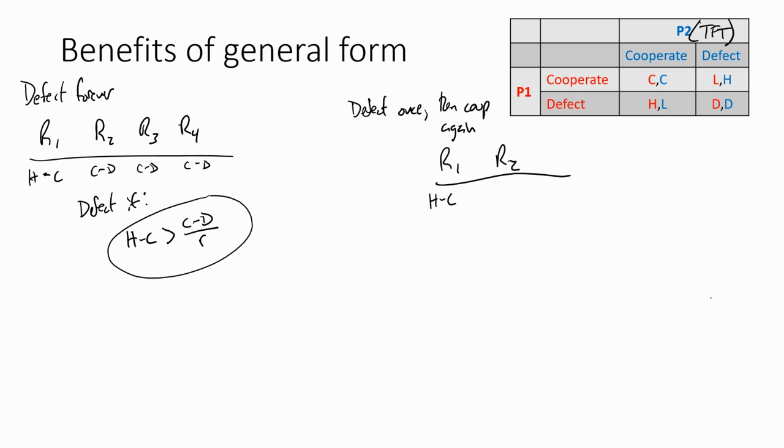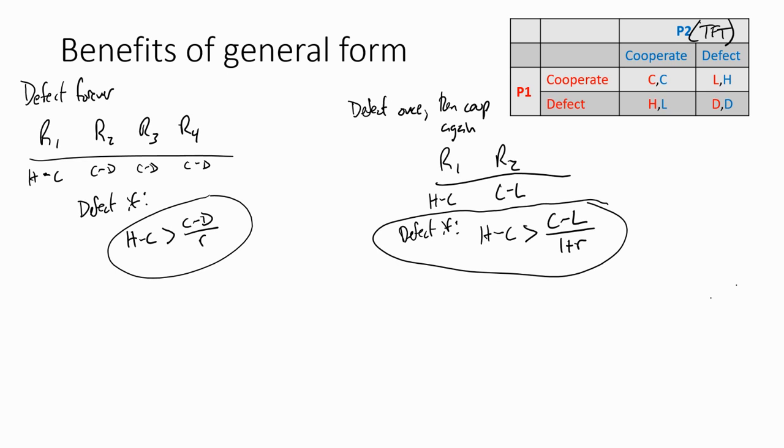The gain is H minus C, but then they lose C minus L, but only for one round, and then they're back to a cooperative point, and they can choose whether they want to defect again. So we know that this one, defect if H minus C is greater than C minus L over 1 plus R.